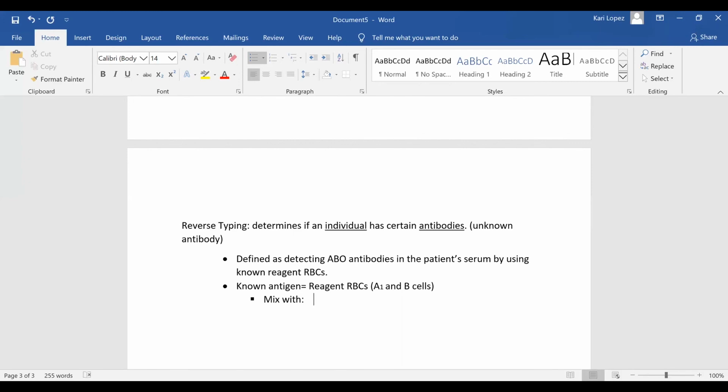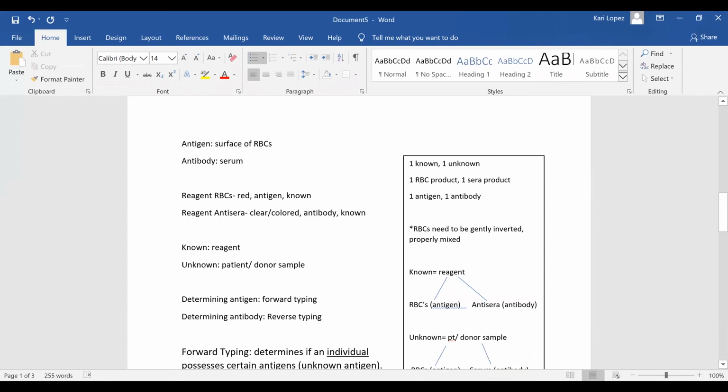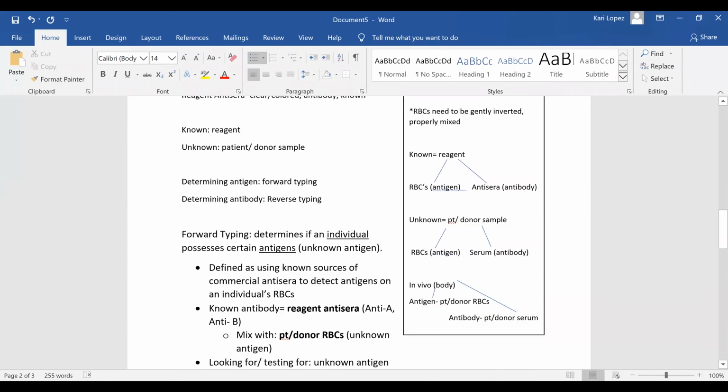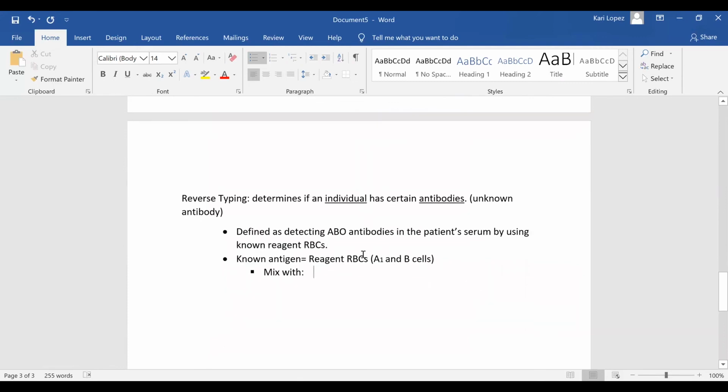So now we need to know that we have one known, one unknown, one red blood cell, one sera, one antigen, and one antibody. So we've got our reagent, which is known. So we need our unknown, so we know we need our patient or donor. And now we've got our antigen, so we need an antibody.